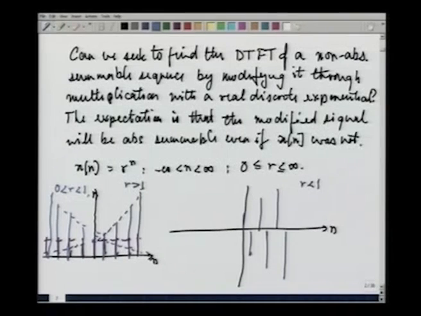Here I am now going to plot, well, if I continue this plot towards the left side of the axis, I would get this, I am drawing for r less than 1. So that it has a pair of envelopes like this. This is for r less than 1.